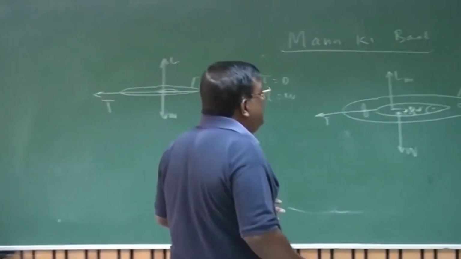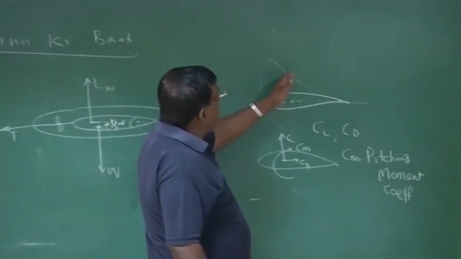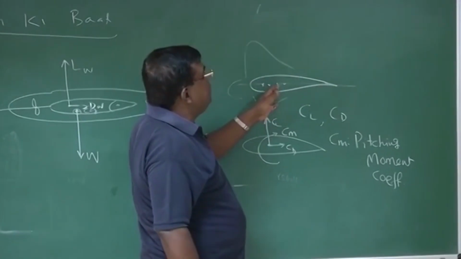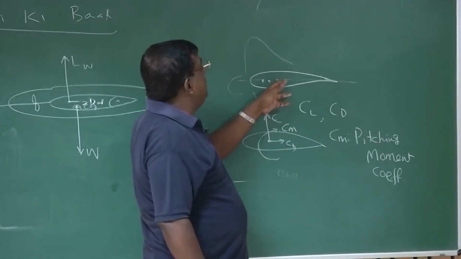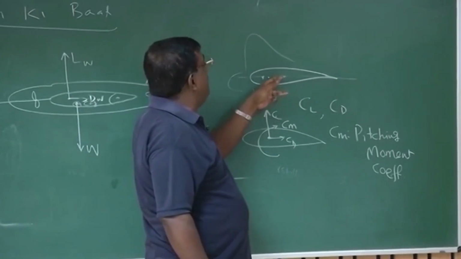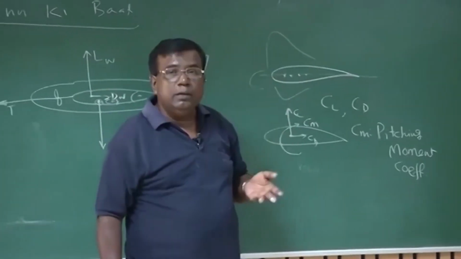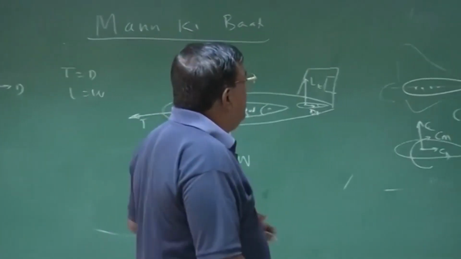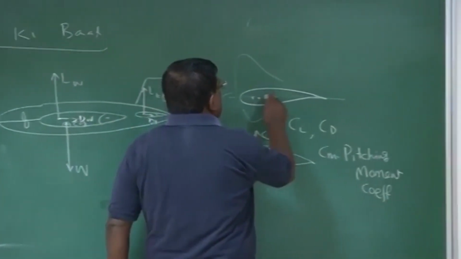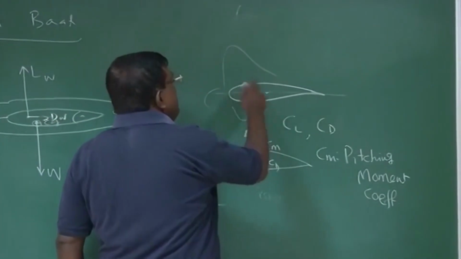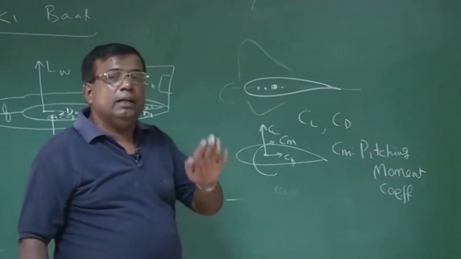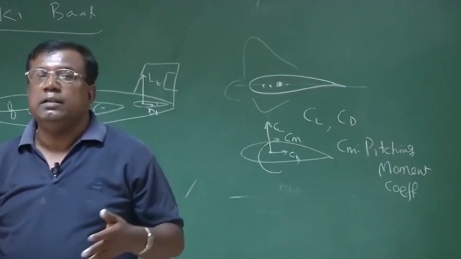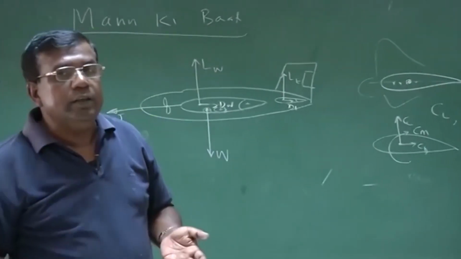I will repeat again. See, this is the force out of this pressure distribution. So if I take the moment of that force about any point on the chord, they will vary. They'll vary with angle of attack also, right? For example, if I choose one point here, the resultant will give some pitching moment. If I change the angle of attack, the lift distribution will increase, lift will change, the pitching moment also will change.